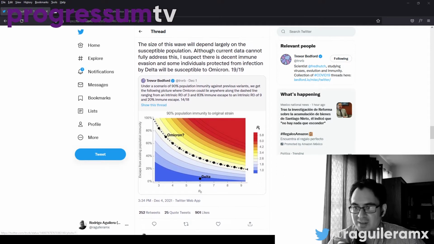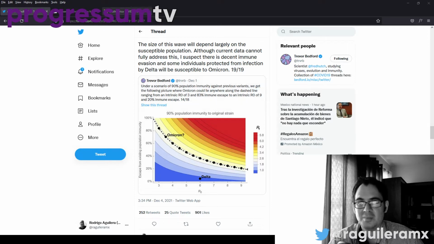So now that we know kind of the nature of the transmission of this variant, I think it's reasonable to conclude, and I suspect the data that's going to come out in the next couple of days will confirm that, Omicron is significantly more transmissible than Delta. Now, why is this not necessarily a bad thing?